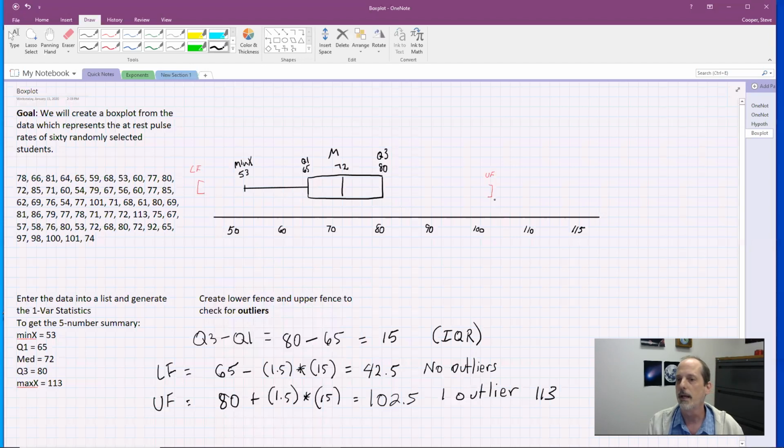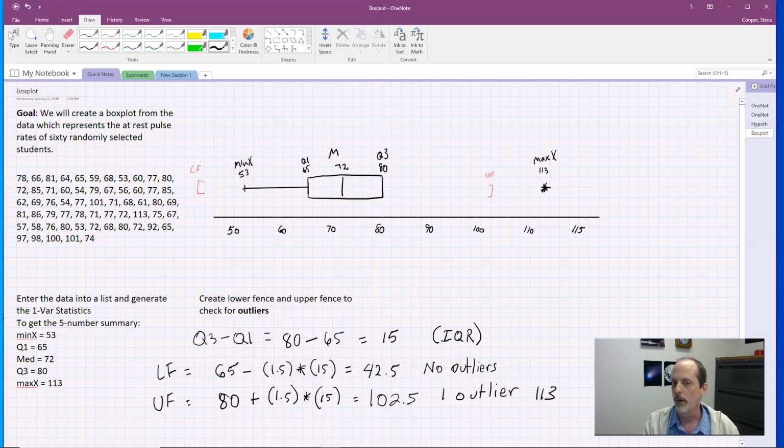Now, since we have an outlier over here beyond the upper fence, I'm going to take that one data value, 113. So this is 110, so that's 112. So 113 is going to be about right here. Our outlier is going to get a little star. And that also happens to be our max. So I'll label that as 113.